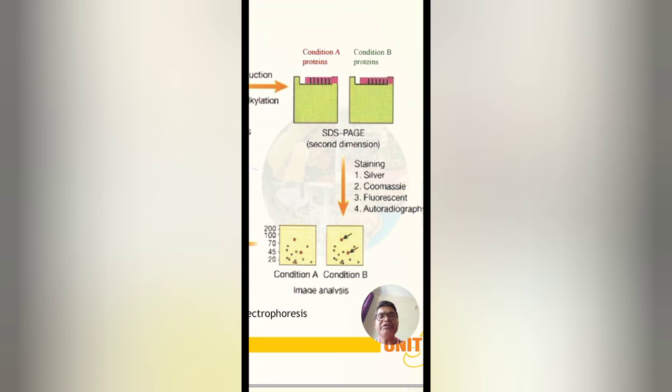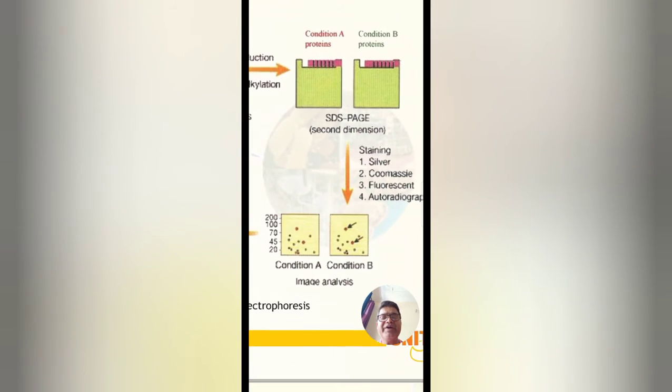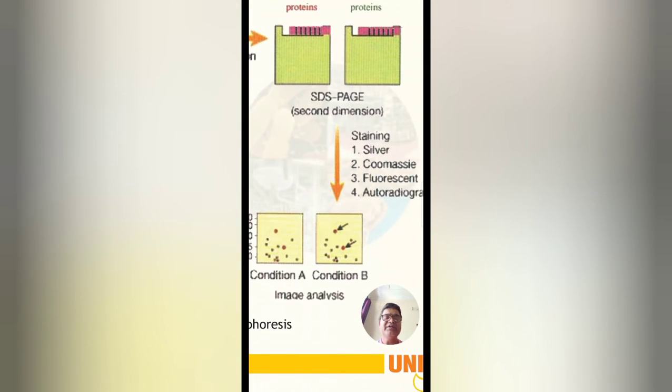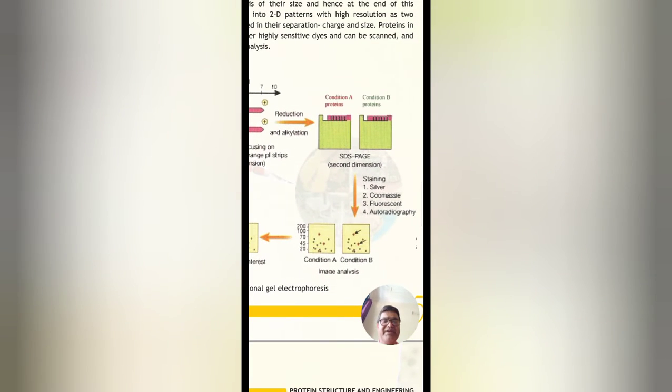Through this we separate the protein on the basis of size, on the basis of molecular weight, on the basis of charge by mass ratio. So we separate the protein on that basis. So these are the two basic principles of 2D gel electrophoresis.